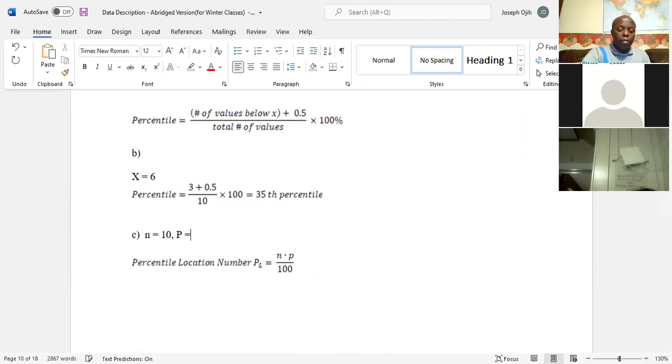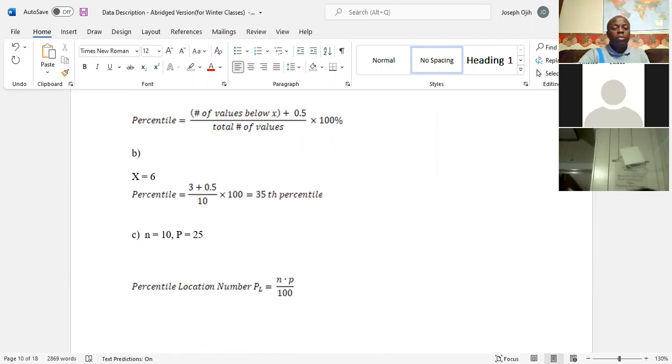P is 25. The percentile location PL becomes N times P over 100, that means 10 times 25 over 100.